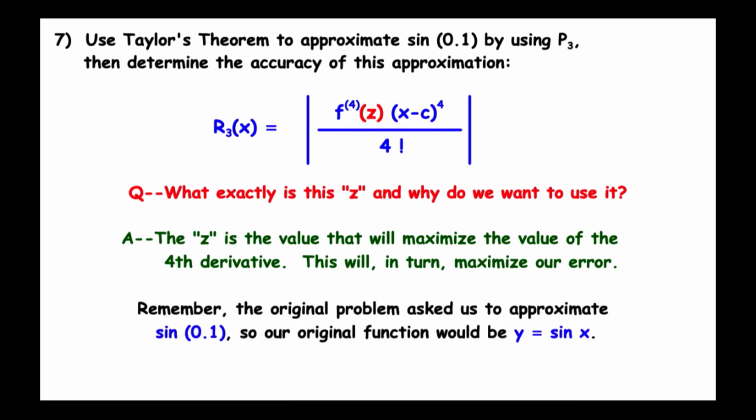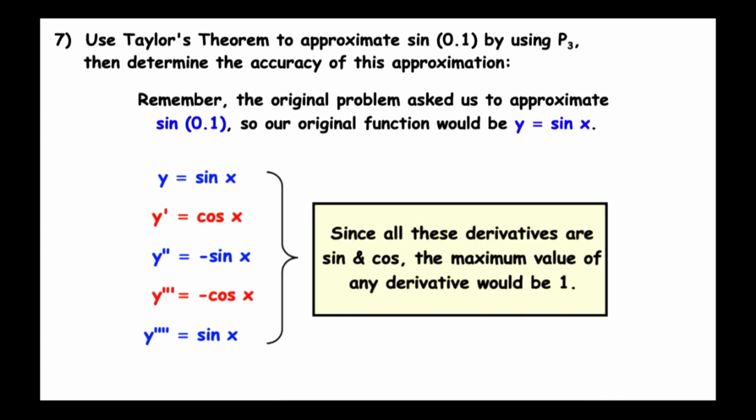Now here's what gets weird. The original problem, I had you guys type in sine of something on your calculator. So the original function, if I was to build this from scratch, would be y equals sine of x, and I would take 4 derivatives. Here they are. I apologize for my poor notation on the last one.